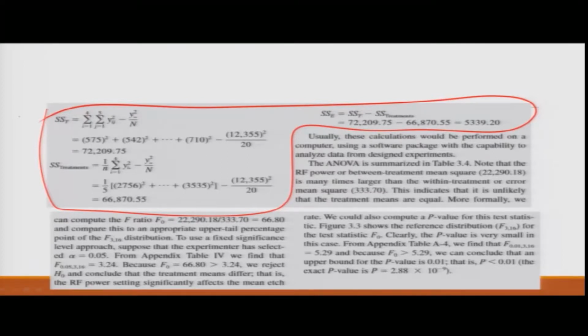Note that the variation between the treatment means is many times larger than the variation within the treatments, the error. This indicates that it is unlikely that the treatment means are equal. More formally, we can compute the values, so the power settings significantly affect the mean etch rate. We can also compute the p-value for the test statistic and do the corresponding test accordingly.